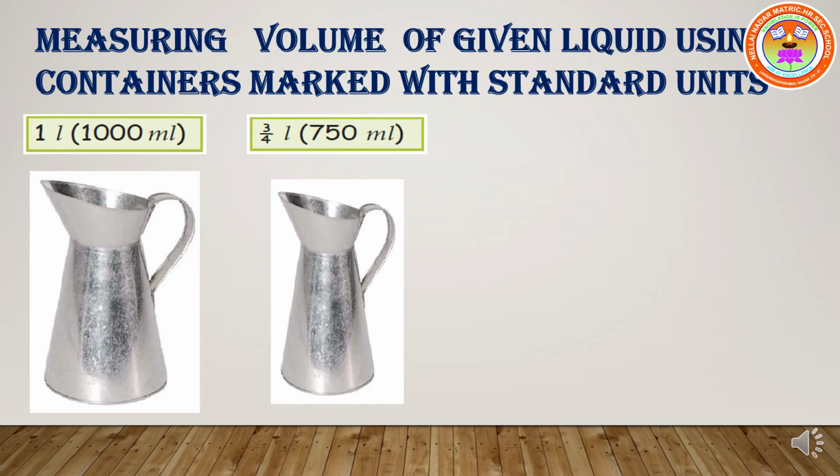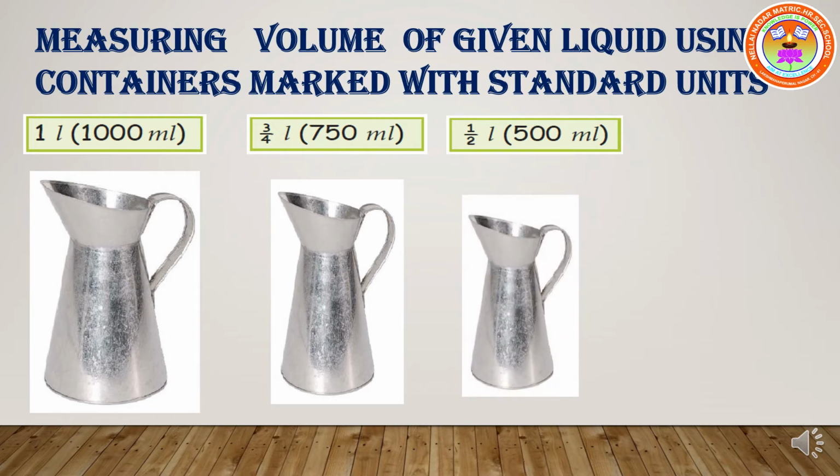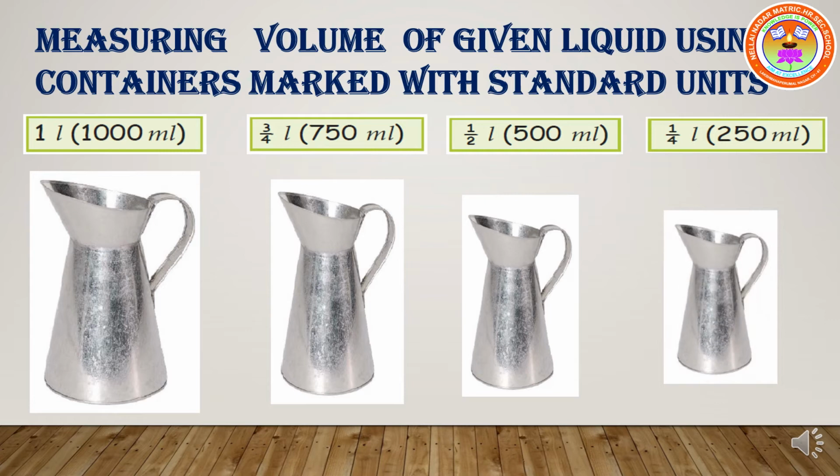The measurements will be on it. Next, half a liter or 500 milliliters, we measure using a half liter jar. Next, for 1 by 4 liter or 250 milliliters, we use a 1 by 4 liter jar. This is how we use containers to measure the volume of given liquids.